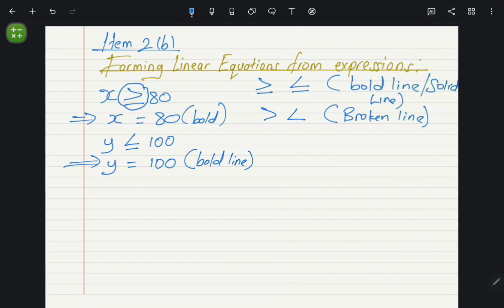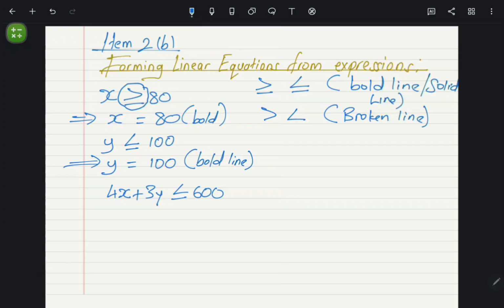Yes. And then we go to our next expression. Our next expression, I remember, was 4x plus 3y is less than or equal to 600. Now this is where things get interesting. For this case, what a learner is expected to do is to figure out the boundary lines.